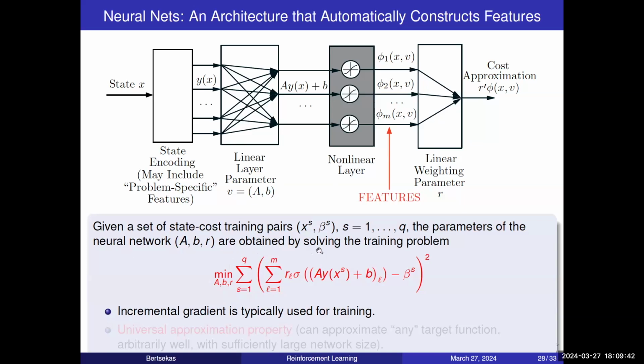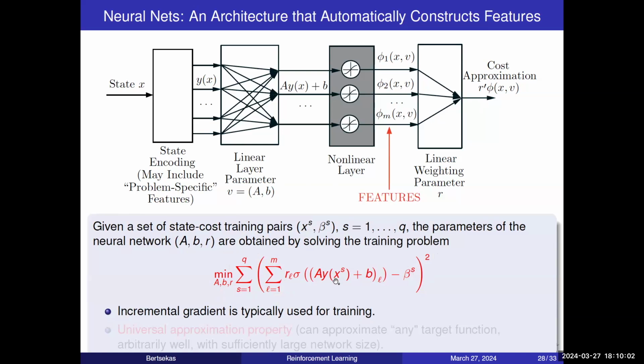by solving this training problem, where for each sample, we try to minimize the square of the difference between the output of this neural network and the cost.